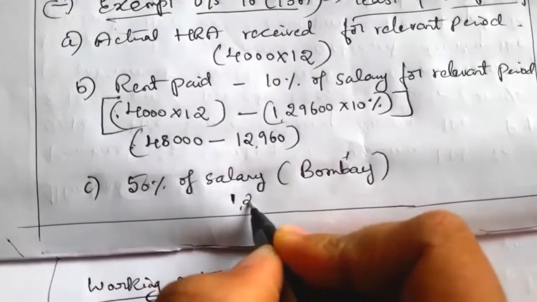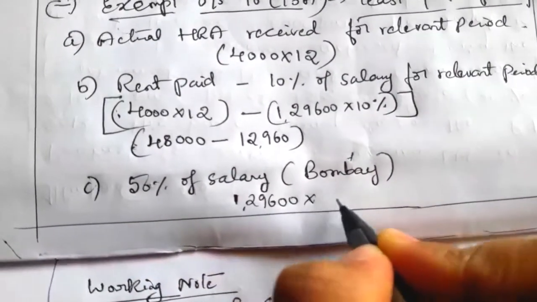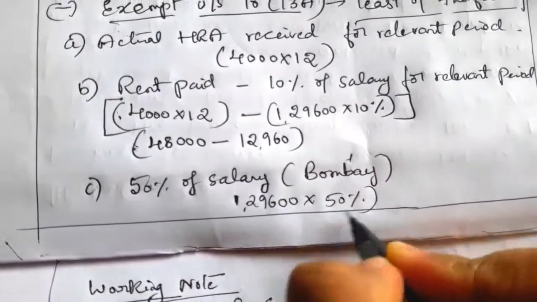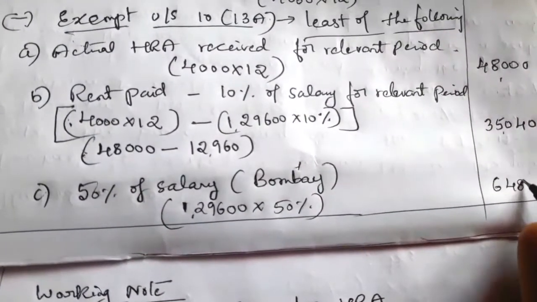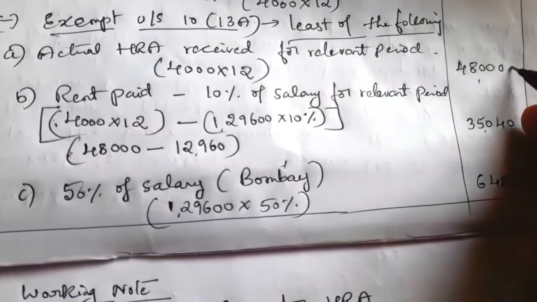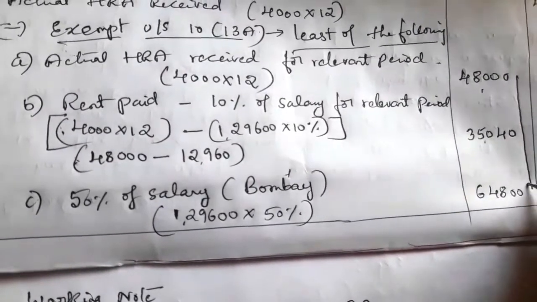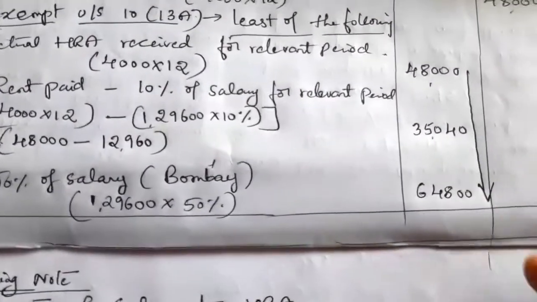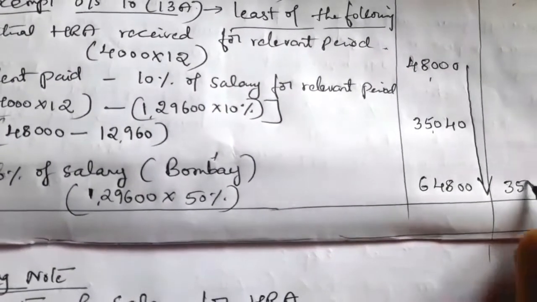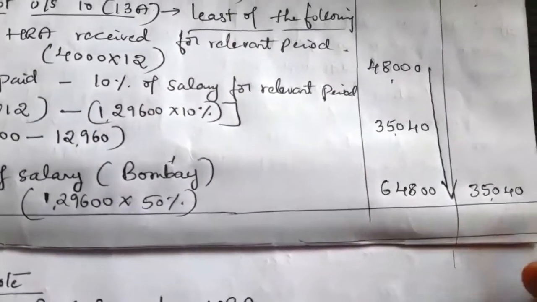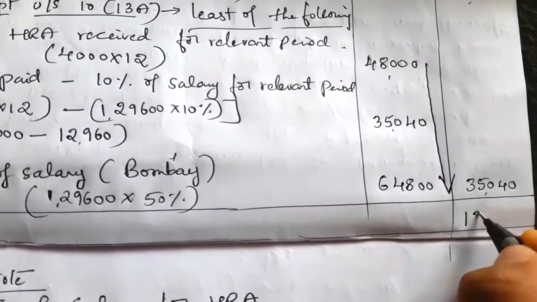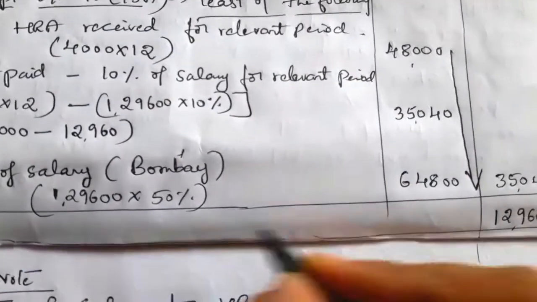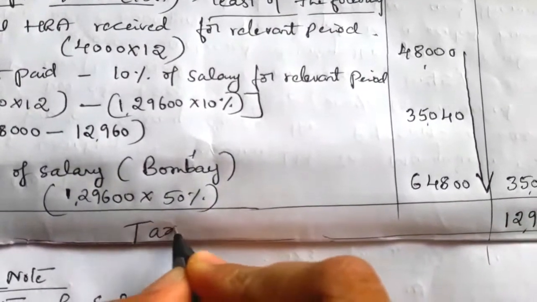Salary is 1,29,600 into 50%, so it will be 64,800. Among these three criteria, whichever is least is 35,040. So the balance, 48,000 minus 35,040, is equal to 12,960, which is the taxable HRA.